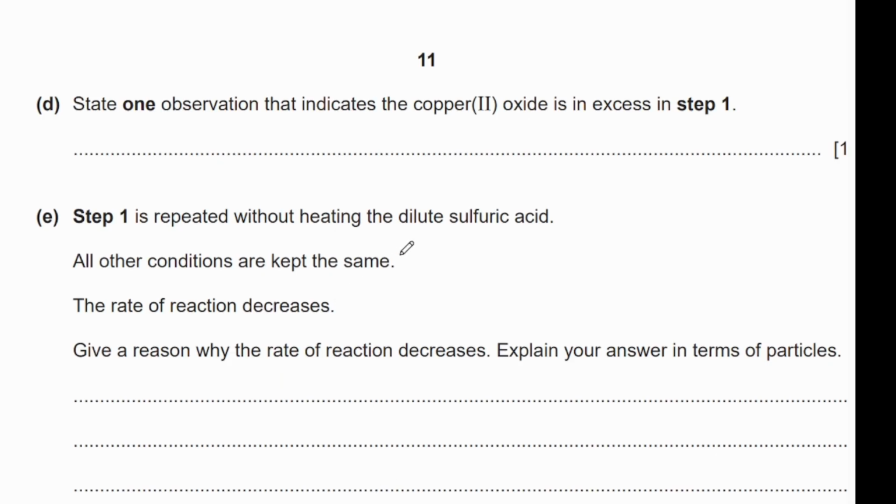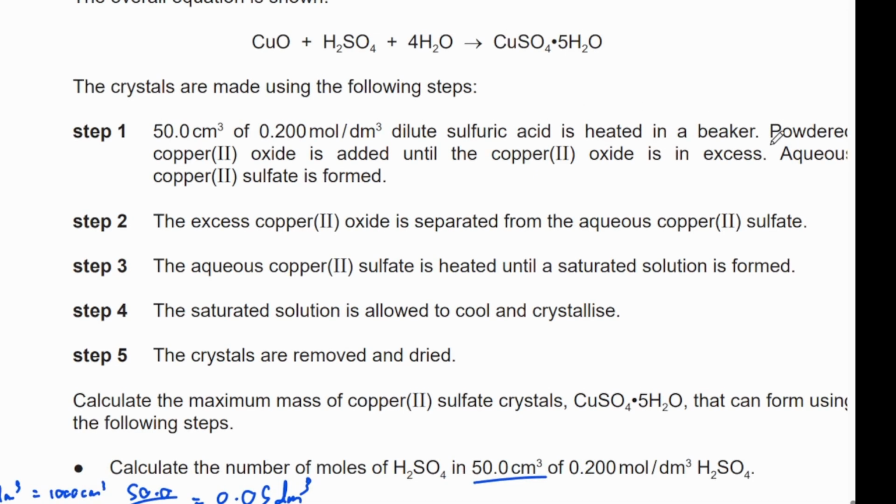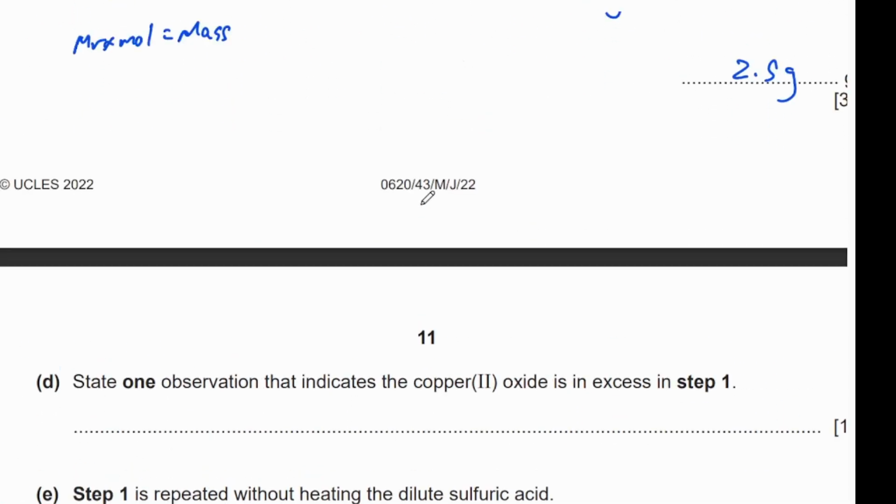Give the observation that indicates the copper oxide is in excess in step 1. So let's see step 1. Dilute sulfuric acid is heated in a beaker, and copper oxide powder is added until the copper oxide is in excess. Basically, how do you know there's an excess?